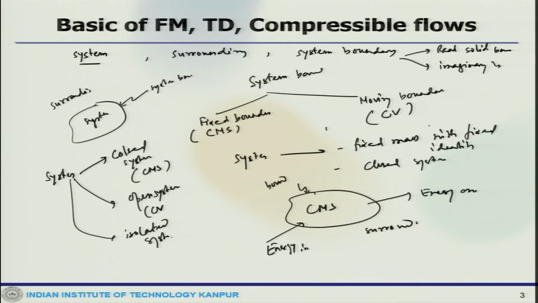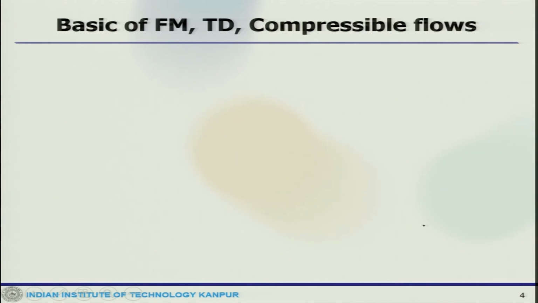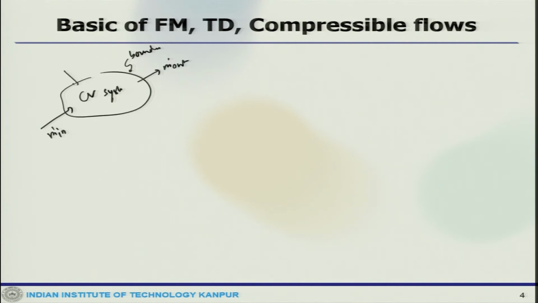Now, when you talk about the control volume system, this is the boundary. You can have mass in and mass out, and energy in and energy out.